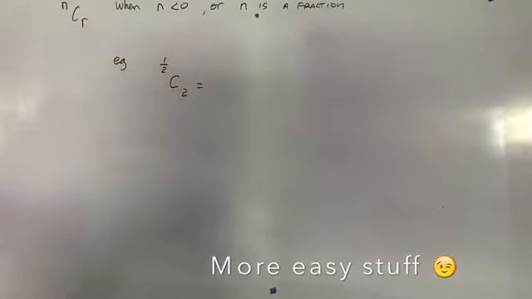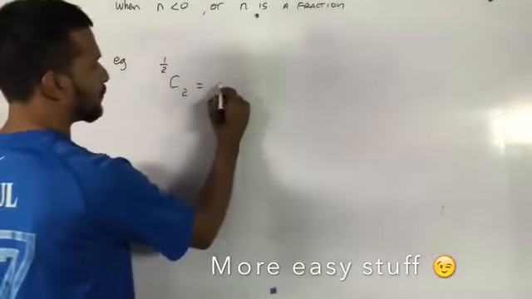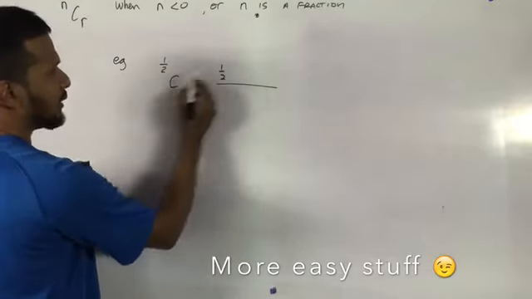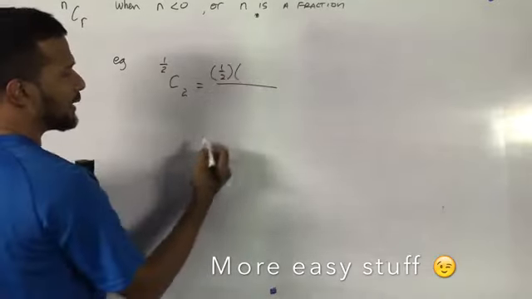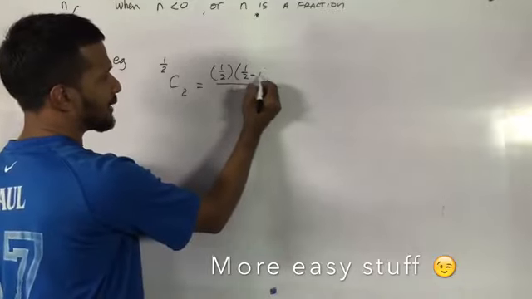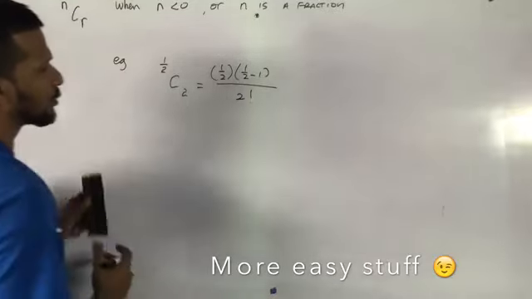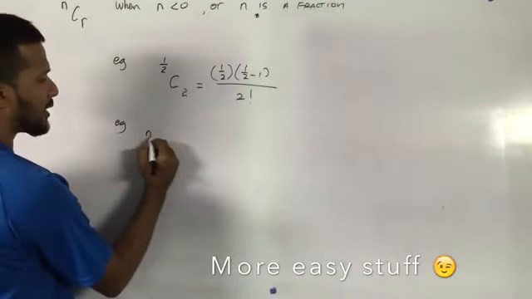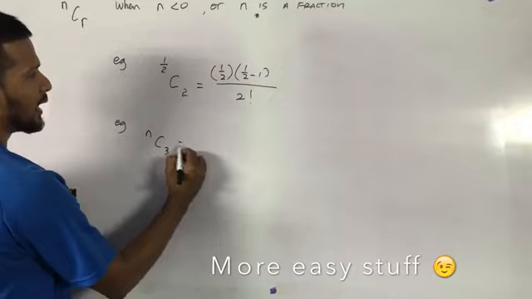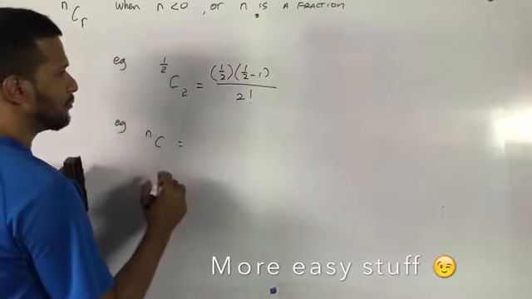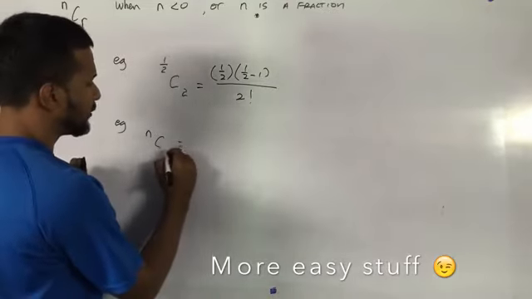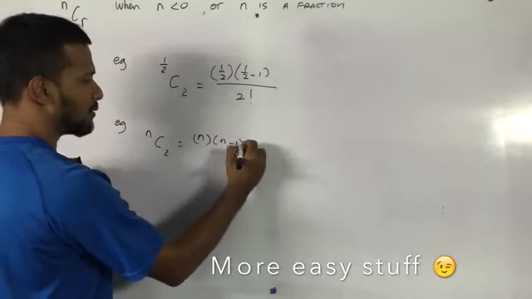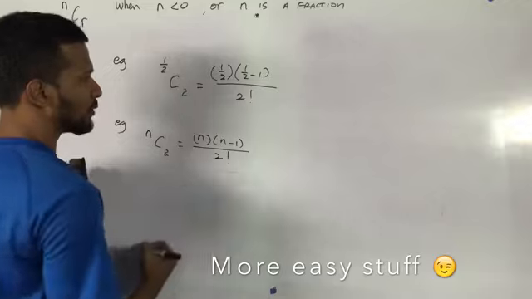How are we doing that? Well, it's fairly simple. It works like this. A half, which is this value here, by a half minus 1, all over 2 factorial. Where does that come from? Well, the rule looks something like this. nC2 is n by n minus 1 all over 2 factorial.